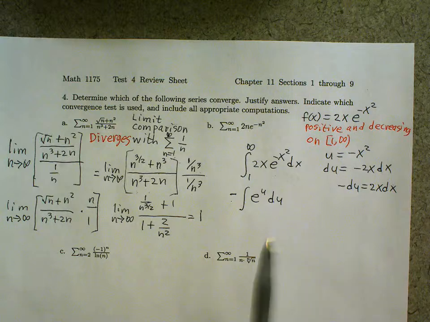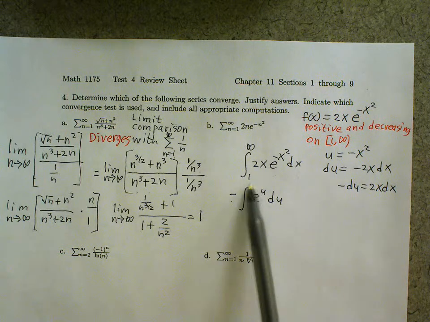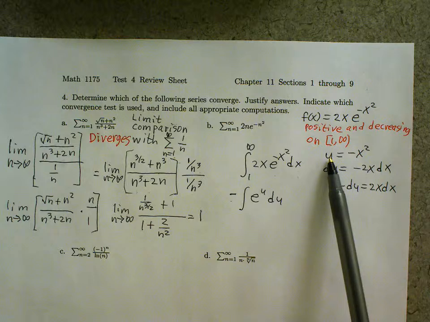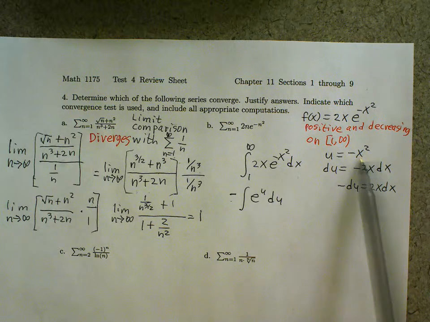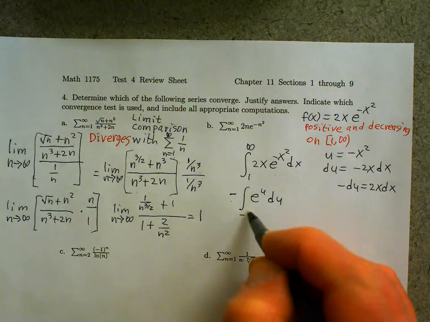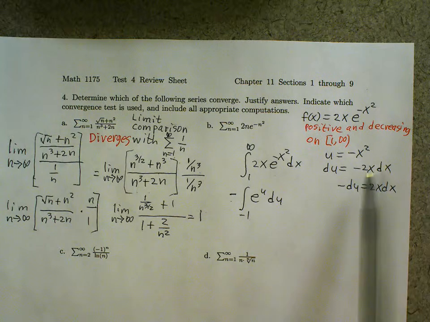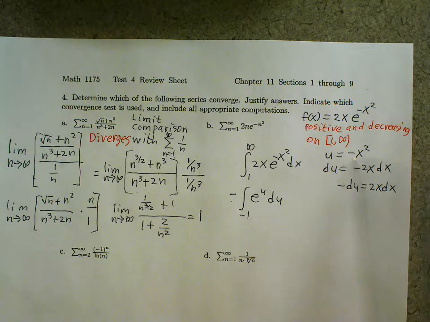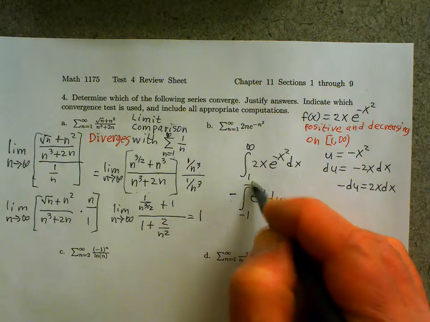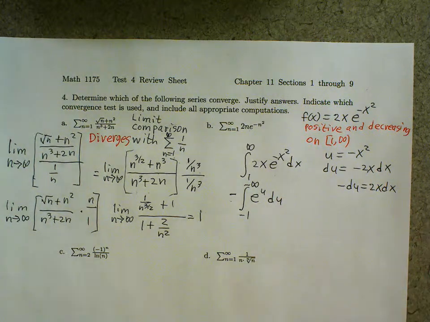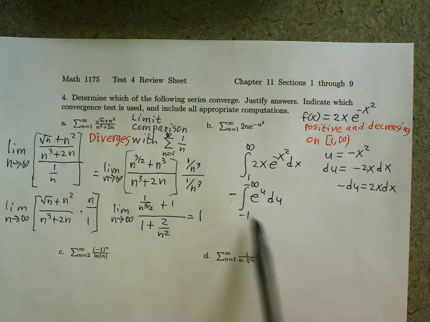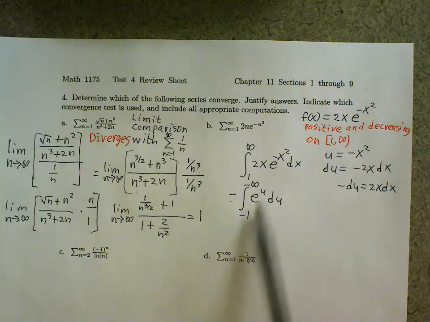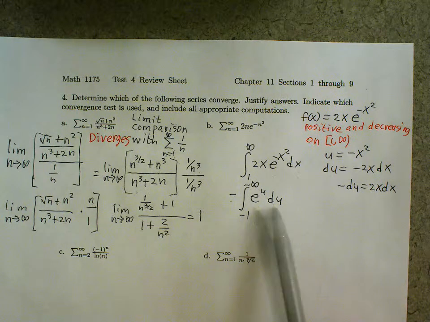The limits of integration: when x is 1, the u value is negative 1 squared, or negative 1. And as x goes to positive infinity, the u values go to negative infinity. So we have the negative of the improper integral from negative 1 to negative infinity of e to the u du.